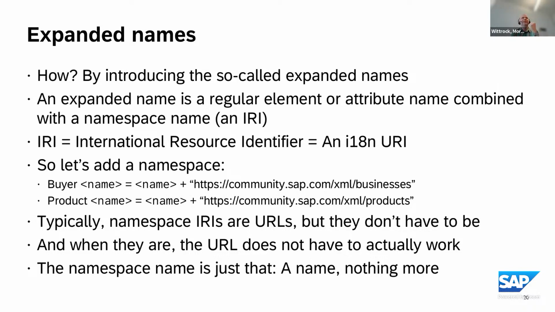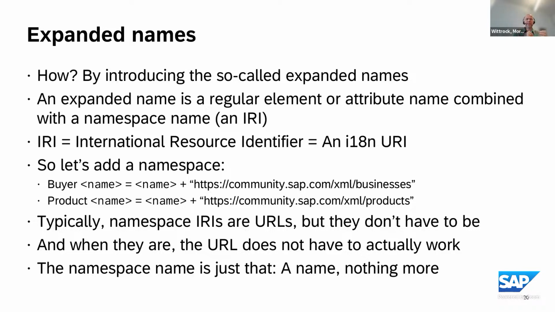It does so by introducing so-called expanded names. An expanded name is just a regular name combined with a namespace name. And the namespace name is an international resource identifier, an IRI, which, I guess most of you know, is like uniform resource identifiers, just with internationalization, so you can use non-ASCII characters, right?